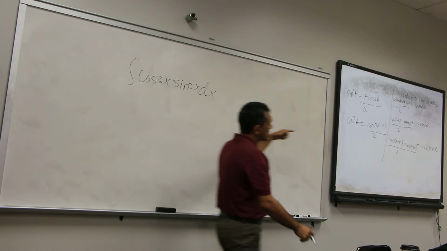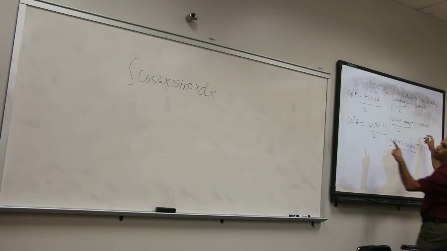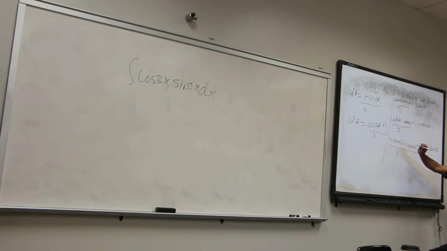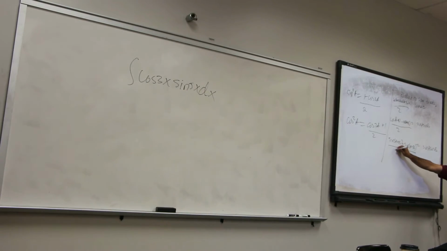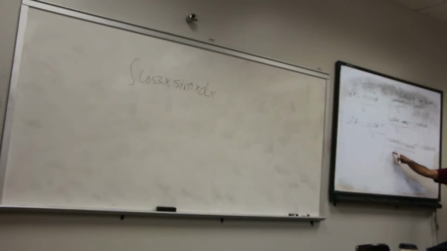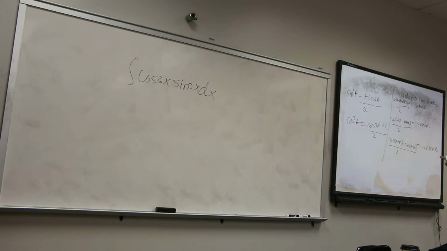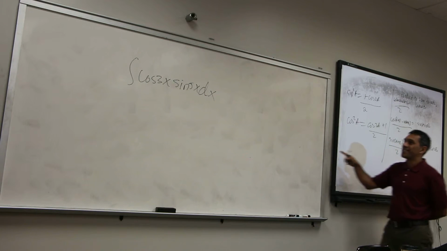No. So what you'll do is you'll rewrite it like this: sine of 8x, which is easy to integrate, plus the sine of negative 2x, which is easy to integrate. But this is not.